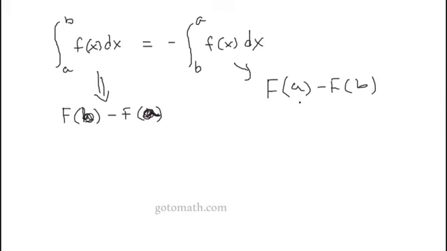Well, in order for these to be equal, to get this to be equal to this, we're going to have to throw a negative out front: f of a minus f of b.